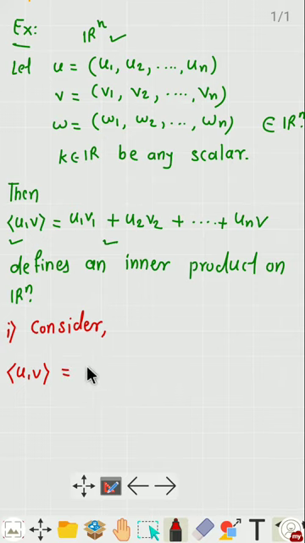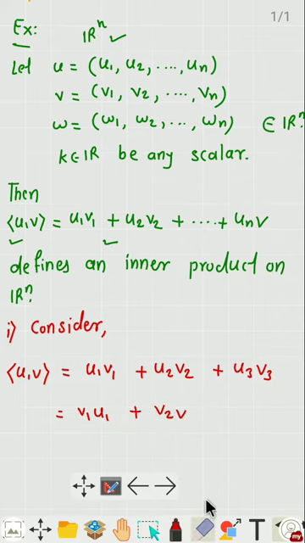By definition it is u1 v1 plus u2 v2 plus u3 v3, and it is equal to, as the ui's and vi's are real numbers and the product of real numbers is commutative, therefore we can write it as v1 u1 plus v2 u2 plus dot dot dot plus vn un.